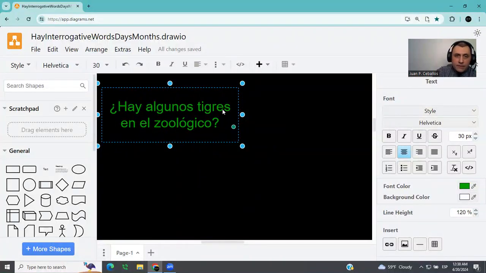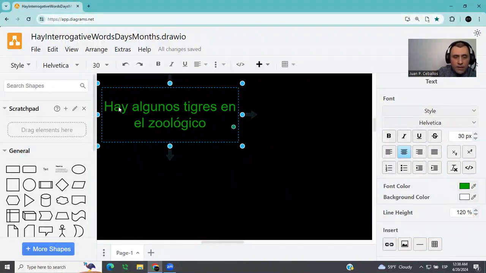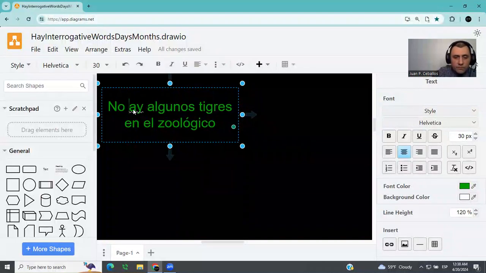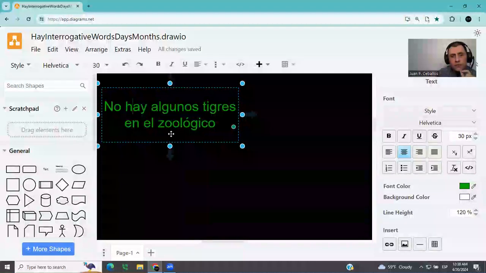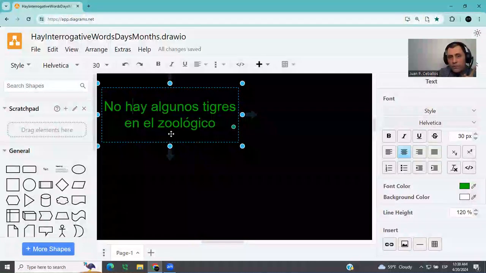Now, to make a negative sentence, all you have to do is add the adverb no before the verb. No hay algunos tigres en el zoológico. There are not some tigers in the zoo. So the negative in Spanish always goes before the verb.